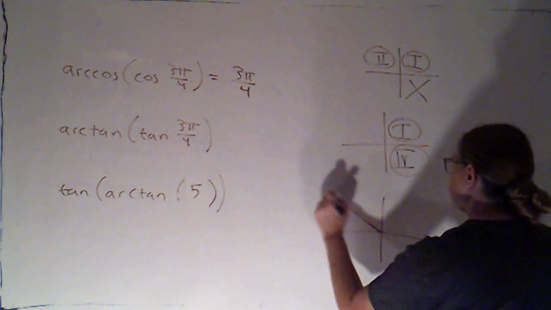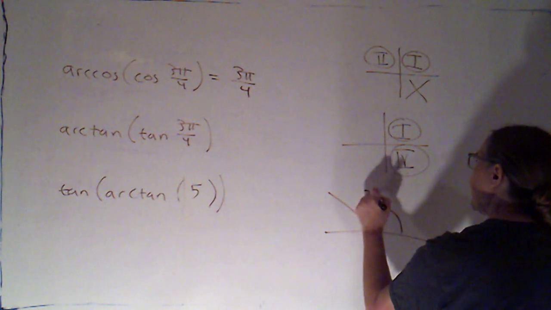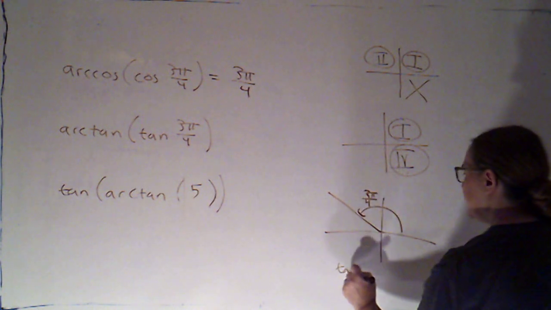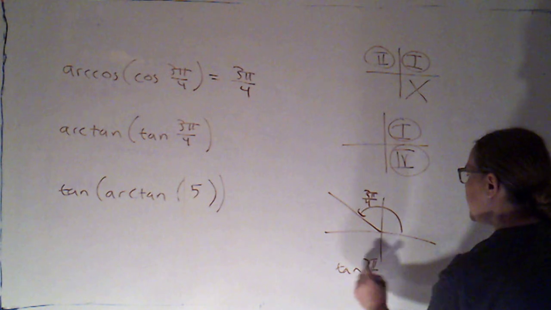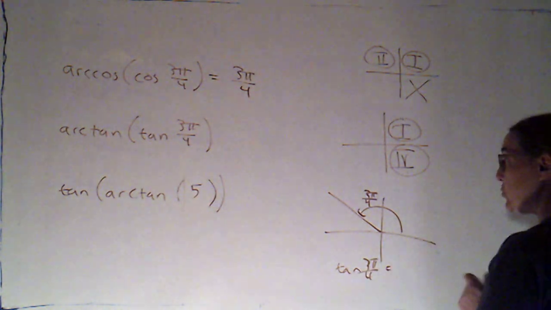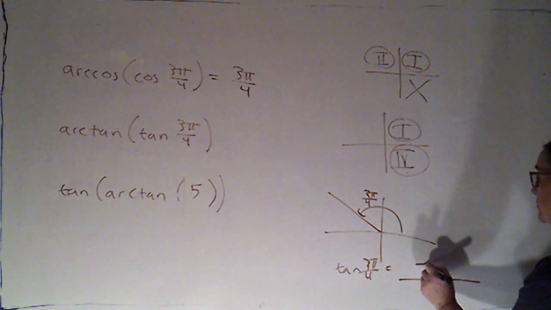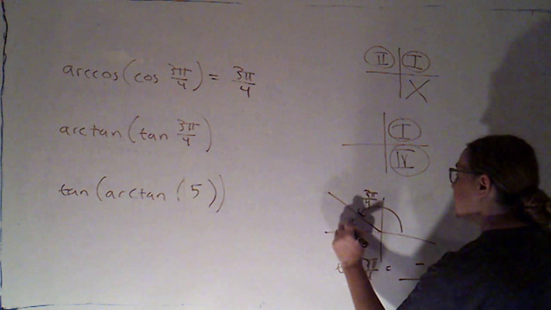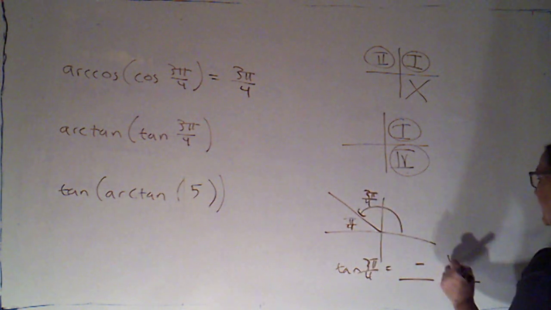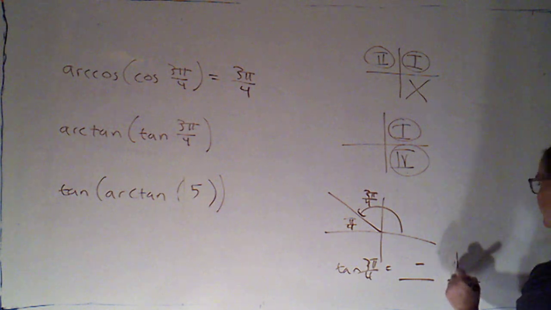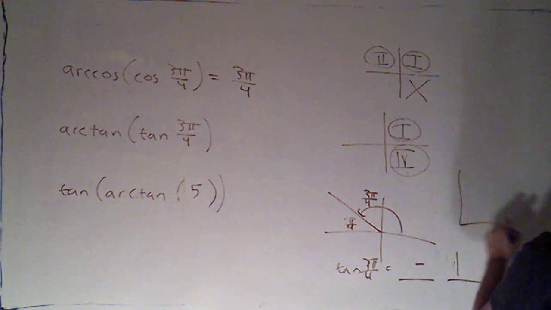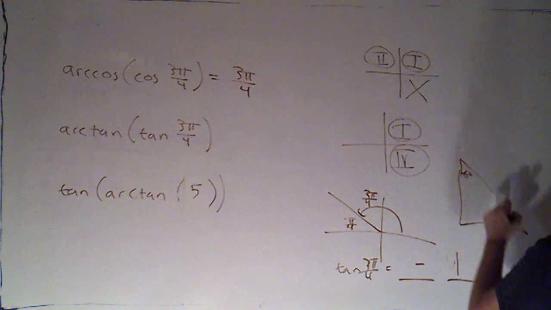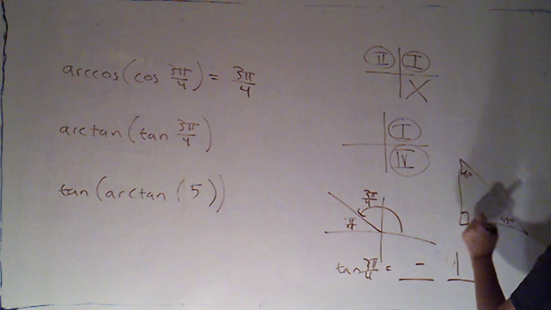I would have to say, here's 3 pi over 4. So that's going to be in quadrant 2. In quadrant 2, tangent is negative. The reference angle is pi over 4, so I can attach tangent of pi over 4, which is just 1, because that gives me my 45, 45, 90 triangle.